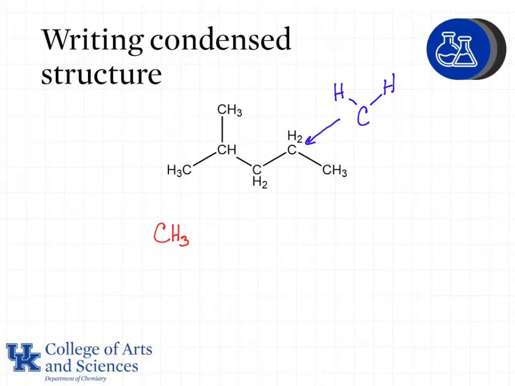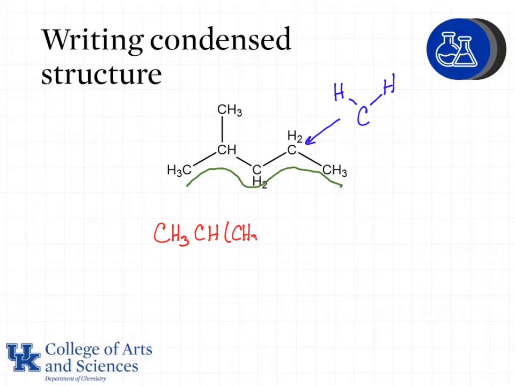Next, we're going to go to the next carbon, and we see that we have a carbon with a hydrogen attached, but we also have attached to that a CH3 group. Because that CH3 group is not in the main chain of the compound, our main backbone of the structure, we're going to put that into parentheses as a reminder that it's not part of the backbone of the molecule represented by that green line.